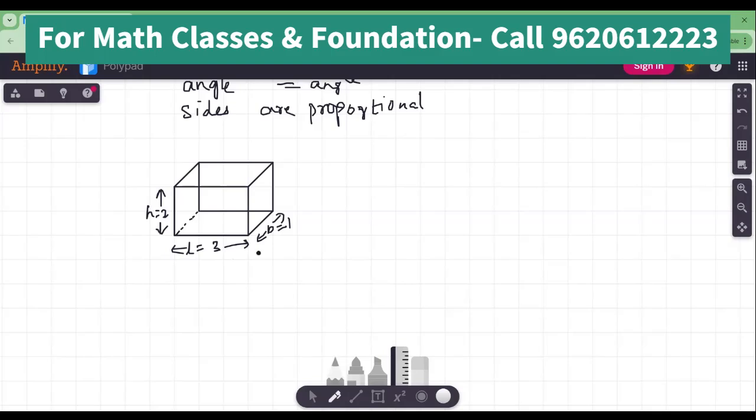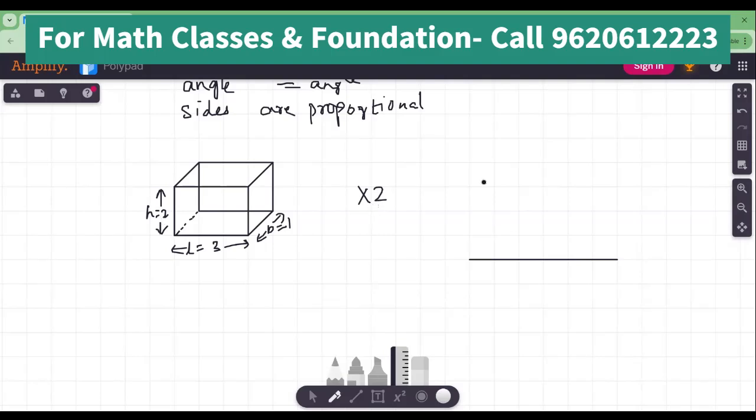So how much proportional are we going to see? As of now, for ease of seeing, let's say 2 times bigger. When I say 2 times bigger, the cuboid length 3 multiplied by 2 becomes 6. That means a cuboid with a length of 6. And the height is 2 here, so 2 times 2 is 4.